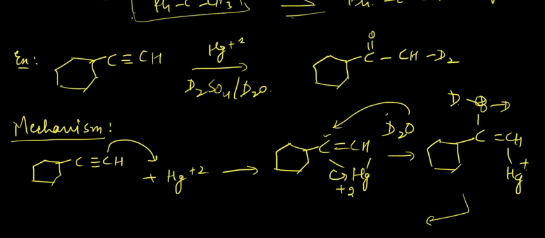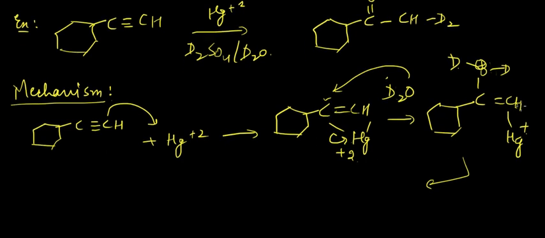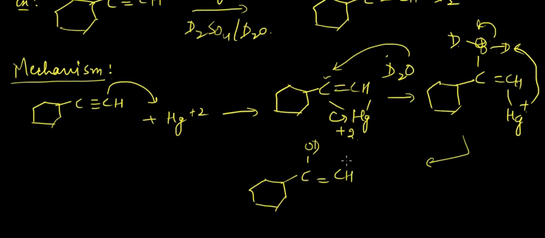In the next step, we'll have D plus attacking, with the D getting removed because the oxygen will take back its bond pairs from the D. As a result we'll get something like OD here, double bond CH. The negative charge on this carbon would be added, or you can say this Hg would be getting removed as a plus 2.